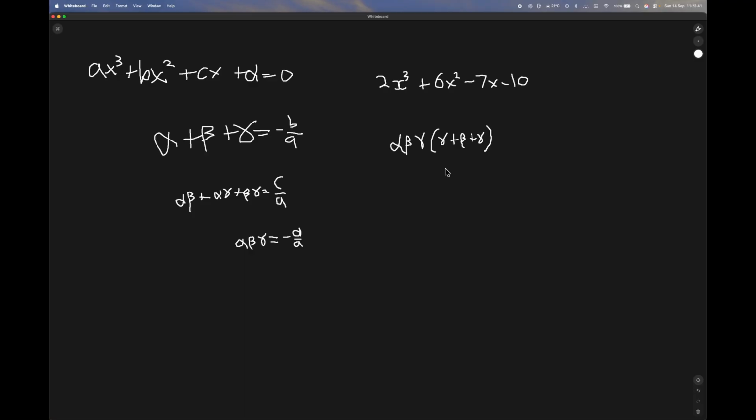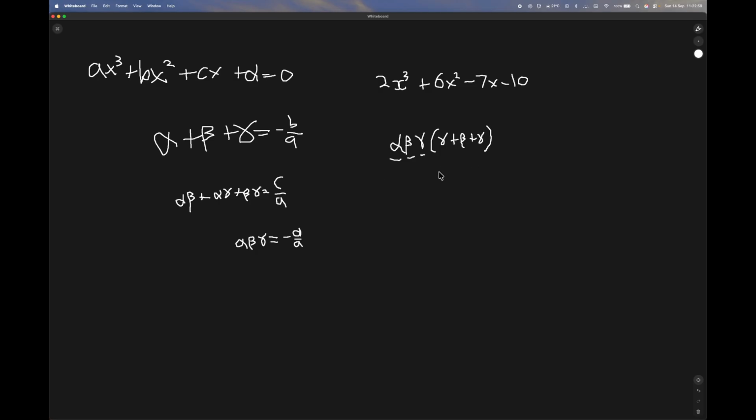For a polynomial question like this, we don't actually want to solve for the alpha, the beta, and the gamma. We want to find a way that we can keep them in this form and not have to solve for each one, but know what these are equal to.